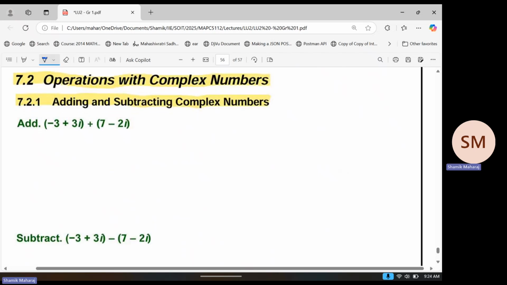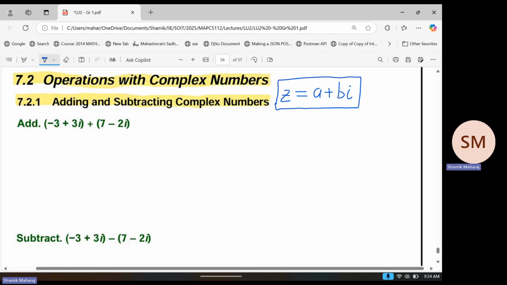If you're given simple operations to apply with complex numbers, like adding and subtracting, these are not too difficult to do. So we'll start with these. If you're given two complex numbers, maybe I should mention the form of a complex number. A complex number is usually written as a plus bi. Sometimes they denote complex numbers as z.